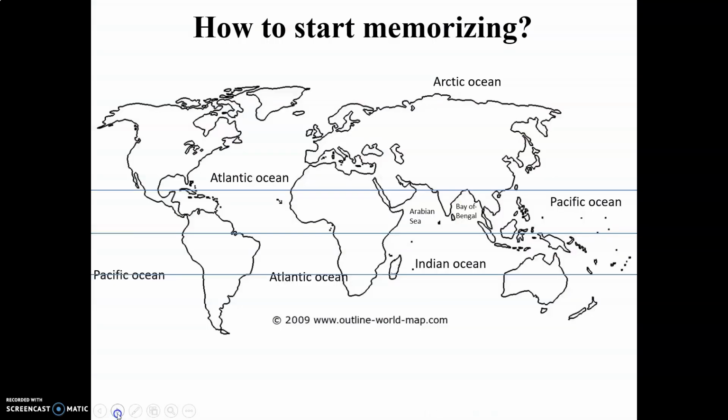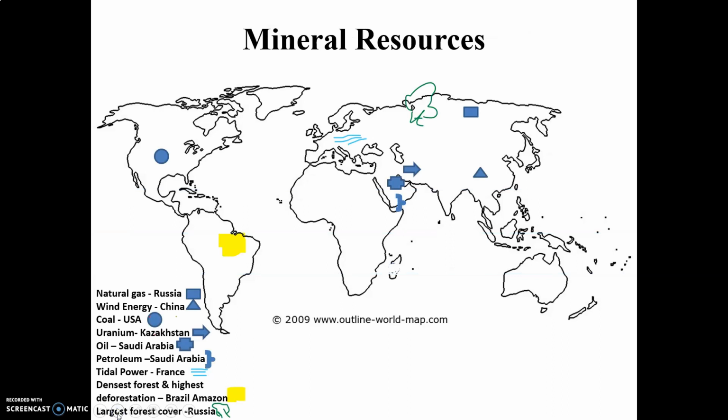Try to remember these countries one by one. How you will start memorizing, I told you. First you remember all the oceans and continents and these 3 important lines. Then take one theme at a time.